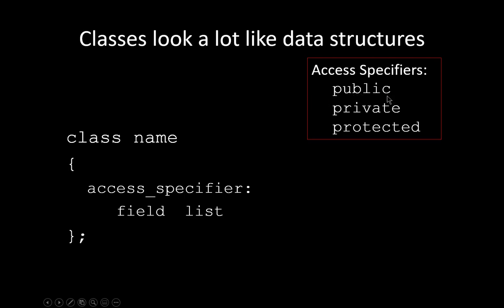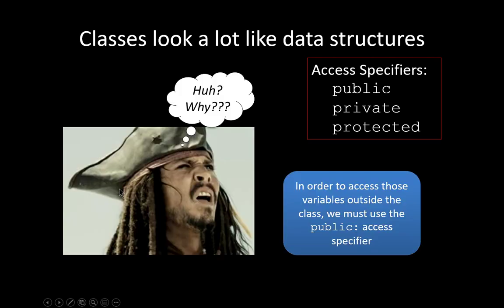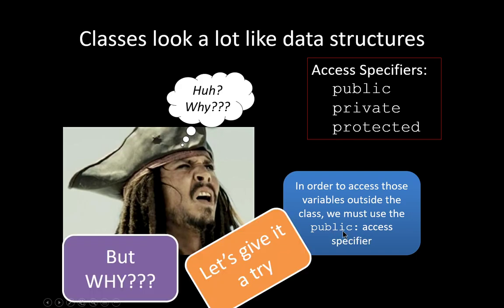Public functions or public variables are accessible by whatever is calling your class. Private variables are only accessible by functions inside of your class, things that you've written. That can be a little bit confusing. So in order to access variables or functions that are built into your class, they need to have the public access specifier.